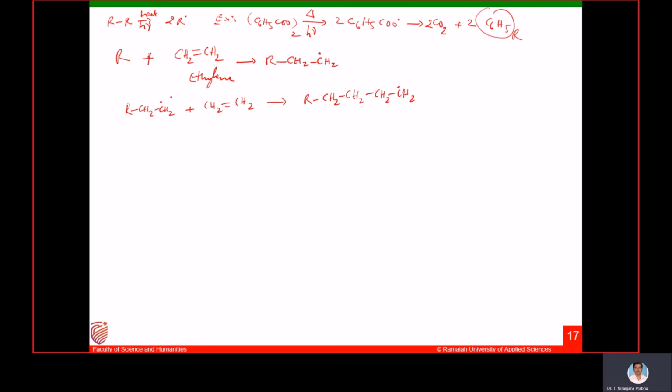So what has happened? One electron from here and one electron from there combine to form a bond between these two, and this is the bond. Another electron has moved out here. This is that electron. So this is the free radical. Several times such reaction goes, and you will get CH2, CH2, let us say X number of times this chain growth has occurred.